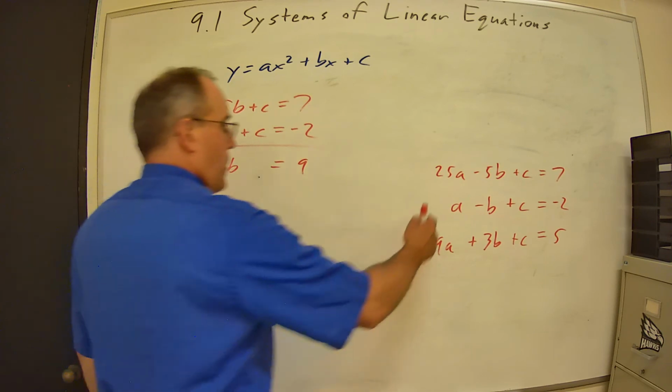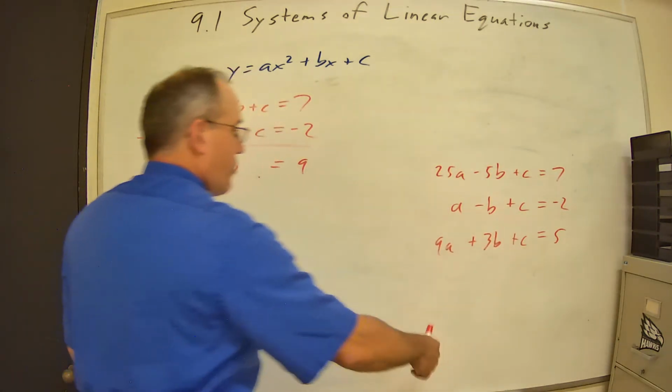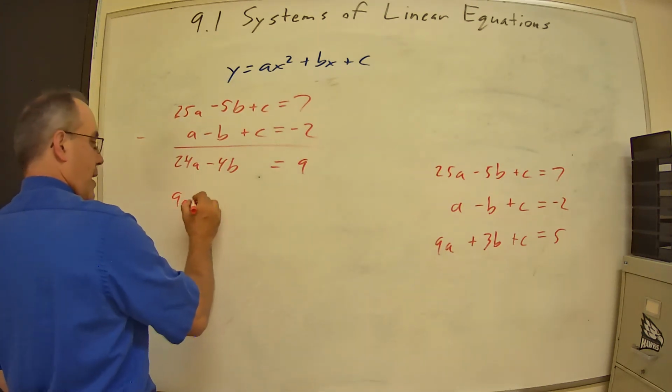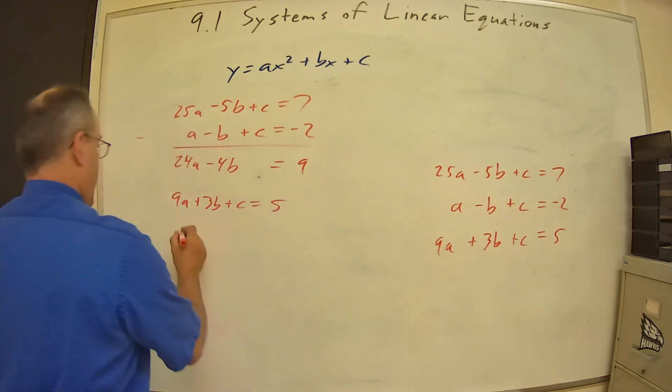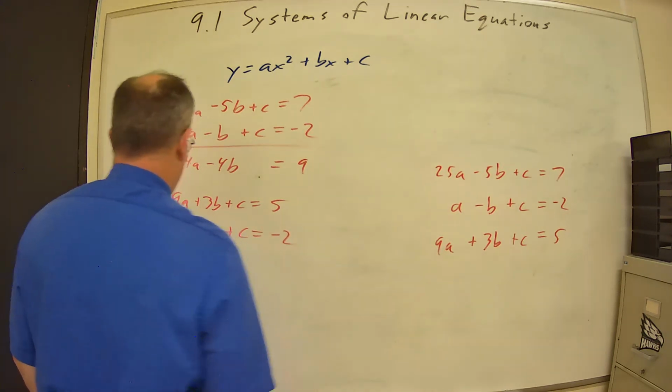I can grab another 2 here, so why don't I take this bottom equation and the middle equation. So 9A plus 3B plus C is equal to 5, and A minus B plus C is equal to negative 2.